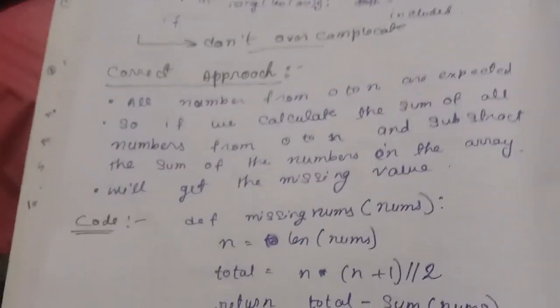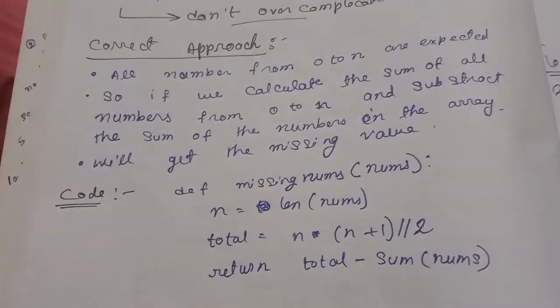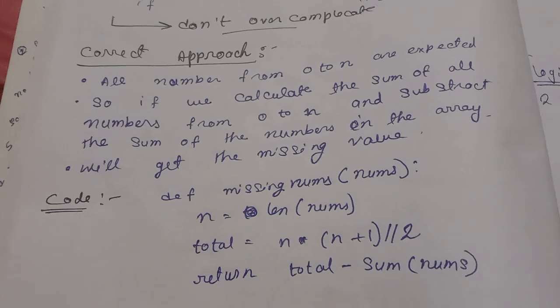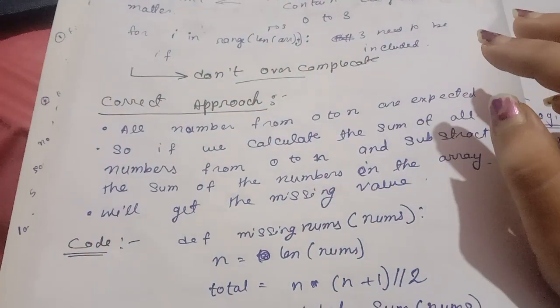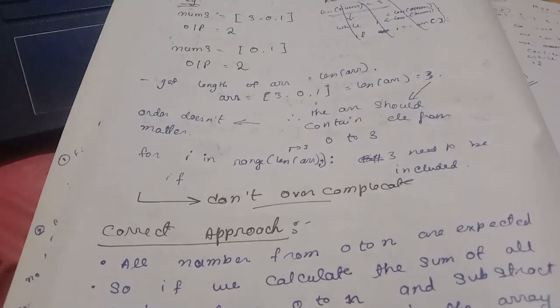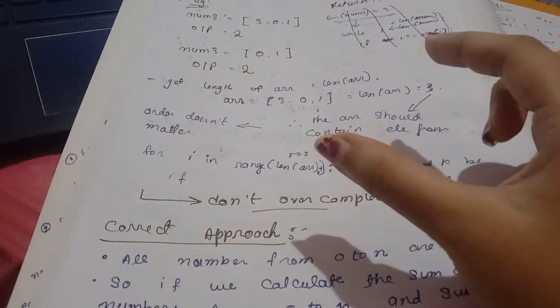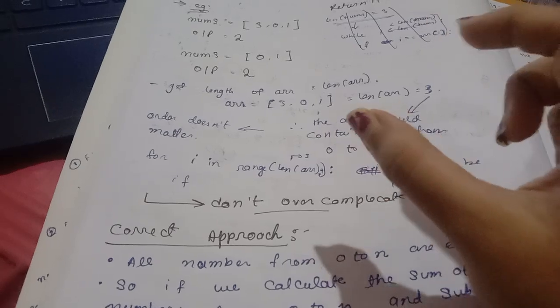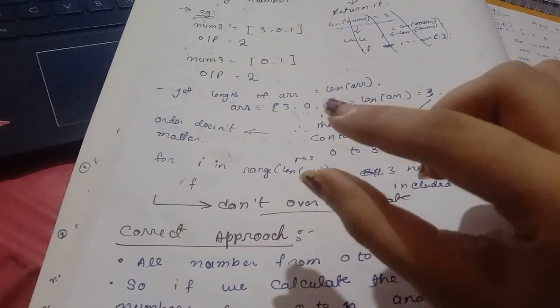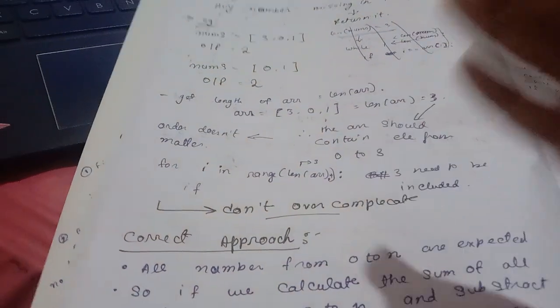But after seeing the LeetCode solution, I got this easier approach. This approach says that instead of doing all these things, we can just find a missing number from continuous elements in an array. We are told that in an array each of the elements will be continuous, no breaks, no gaps.